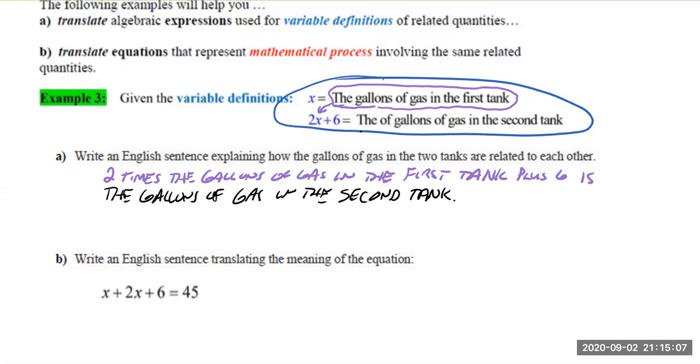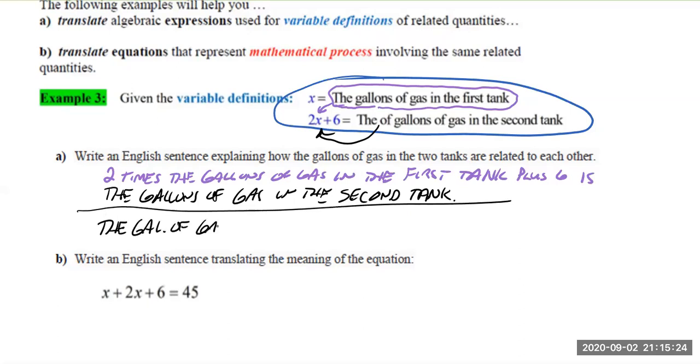Because the number of gallons in the second tank is defined in terms of the number of gallons in the first tank, I'll probably start by saying the gallons of gas in the second tank is, and that's the equal sign.